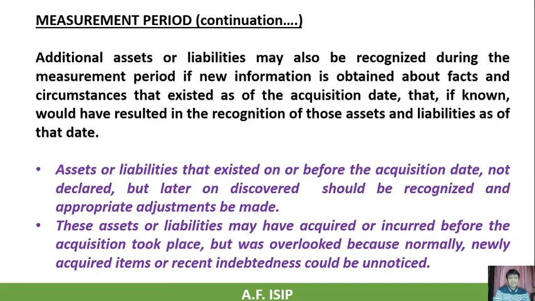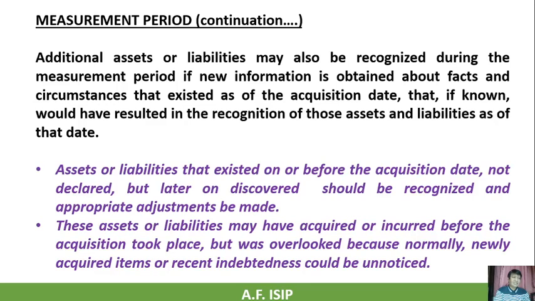These assets or liabilities may have been acquired or incurred before the acquisition took place. This is what I'm saying. The acquisition took place but was overlooked because normally newly acquired items or recent indebtedness could be unnoticed.